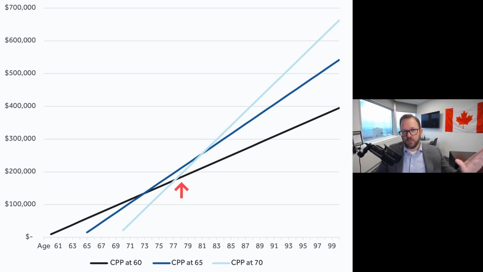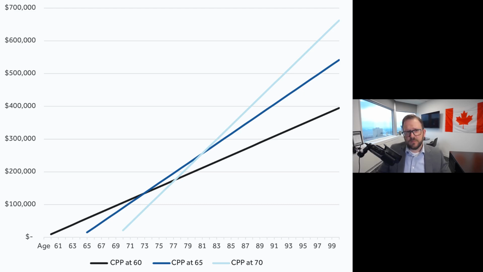Again, that number going up with inflation from age 70 onwards. And so if you think about it, in this case, 19 years of getting a little bit under $10,000 per year versus 9 years of getting $21,000 per year, those numbers roughly line up. And that's where that crossover point happens. And once you've passed age 78, you'll end up being in better shape having started your CPP at age 70.